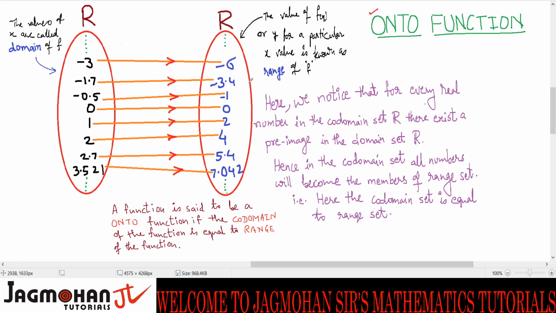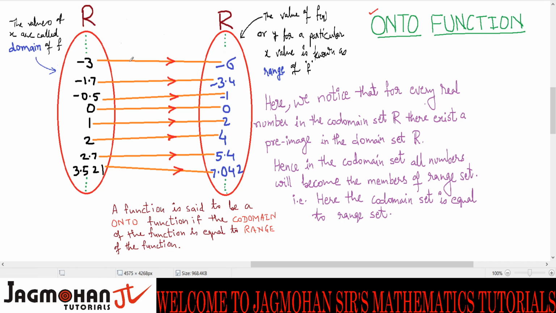You already know what is a one-one function. If I want to revise, you will say that a one-one function is a function in which every element of the range set has one and only one pre-image.